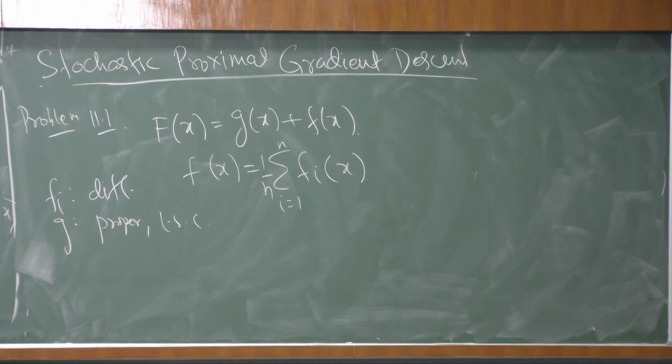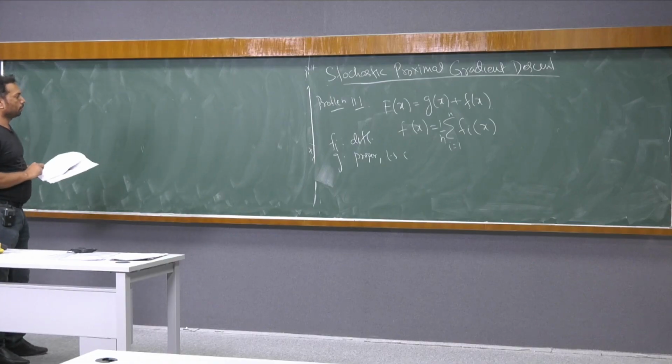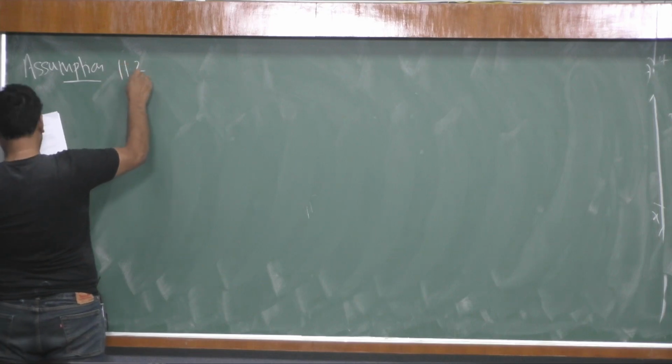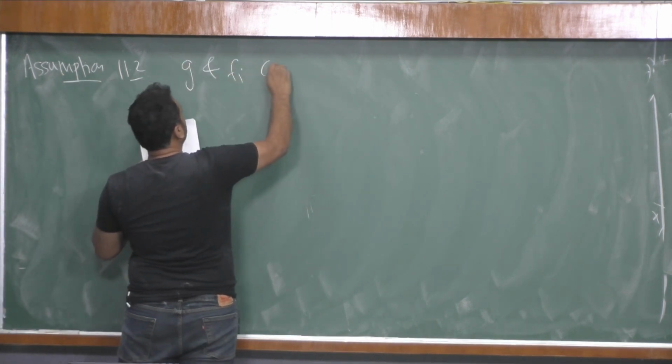So we will have some assumptions before we do this proof. In this proof, although g is non-convex in the first variant, we will assume g is also convex, and f is also convex. So convex case, assumption 11.2: we assume g and f_i are both convex.